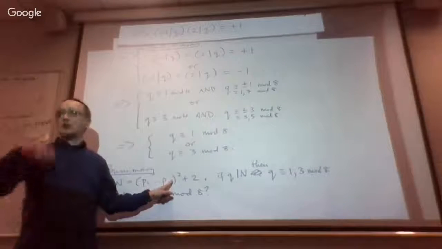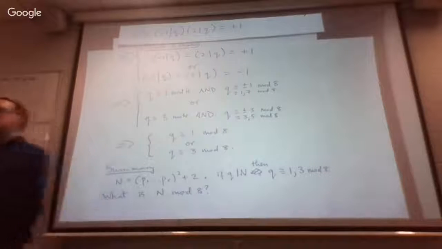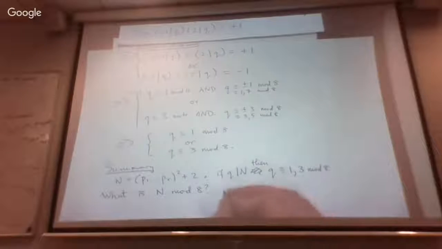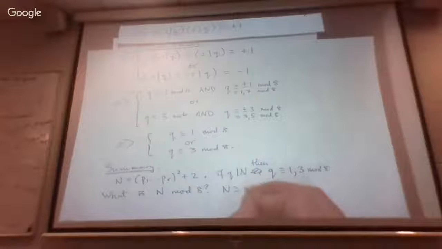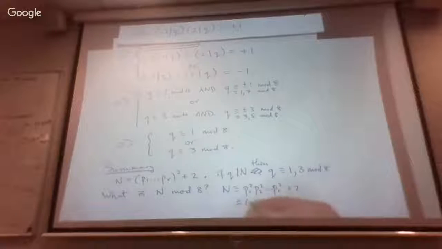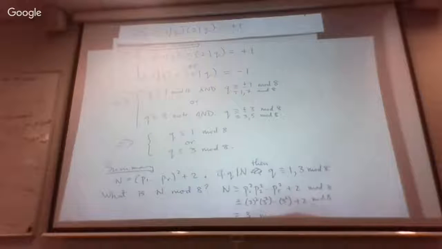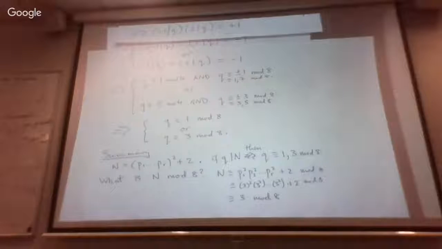You multiply them together, you get 1 mod 8. So you're multiplying together a lot of 1s. Then you add 2. So actually, n is congruent to p1 squared, p2 squared, pr squared plus 2. This is congruent to 3 squared, a load of 3 squareds plus 2. These are all mod 8. So that's congruent to 3 mod 8. These squared 3s all come to 1, then you're adding 2.